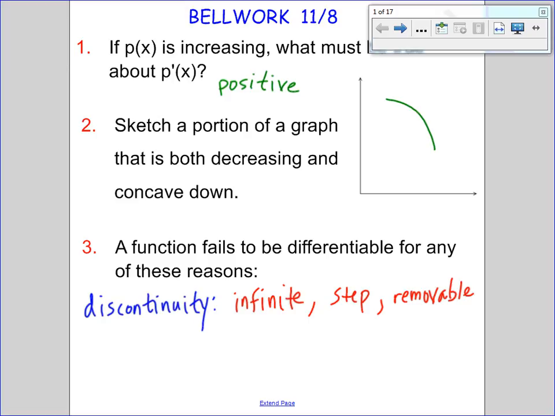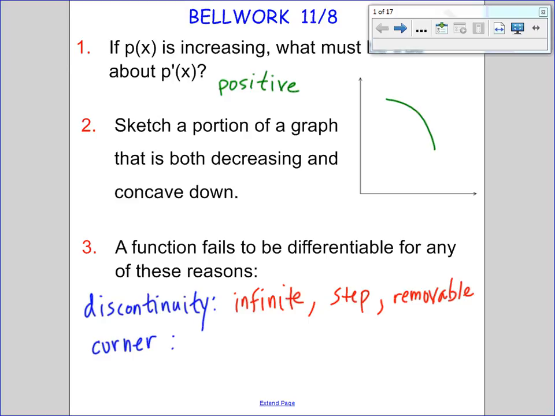But there's other ways that f could fail to be differentiable. So what's another way that f could fail to be differentiable at x equals c? Grace? Yeah, if you had a corner where the left-hand slope value exists and equals some finite value, and the right-hand slope value exists and equals some finite value, but those values are different.